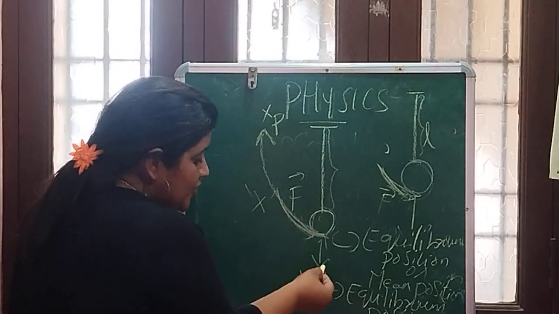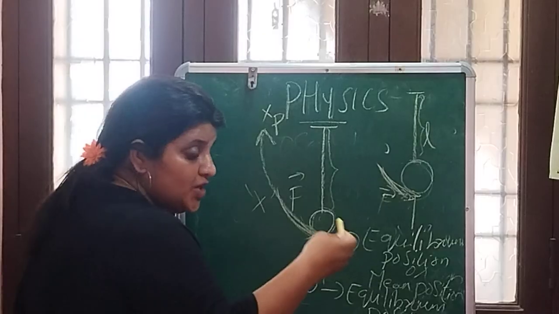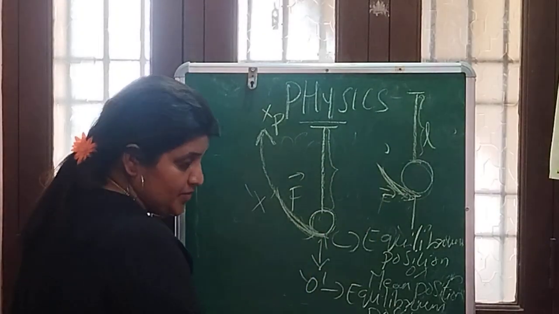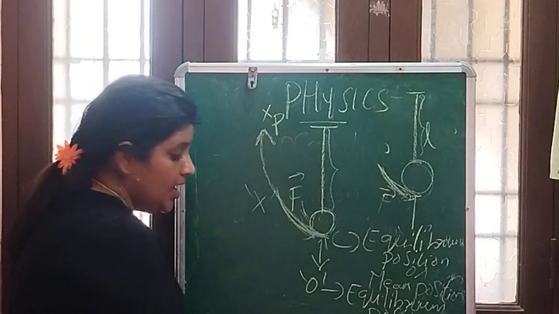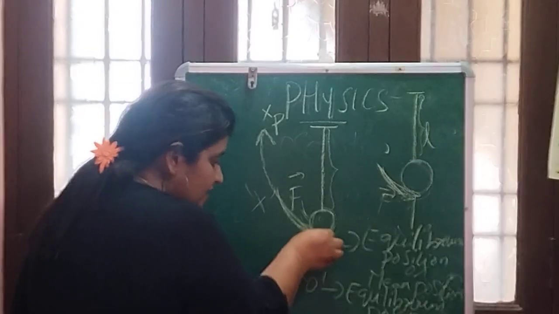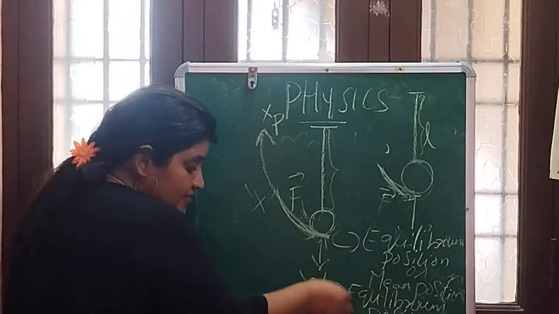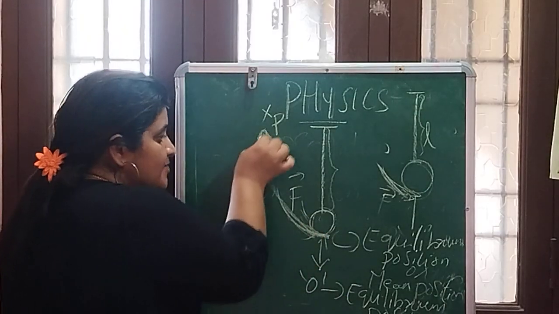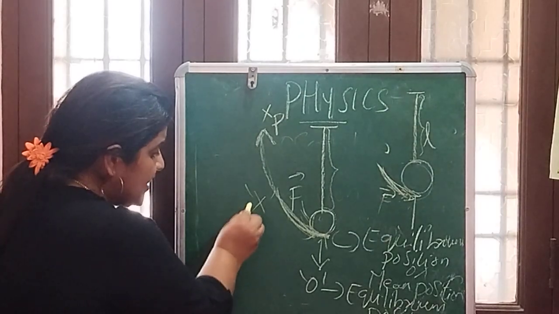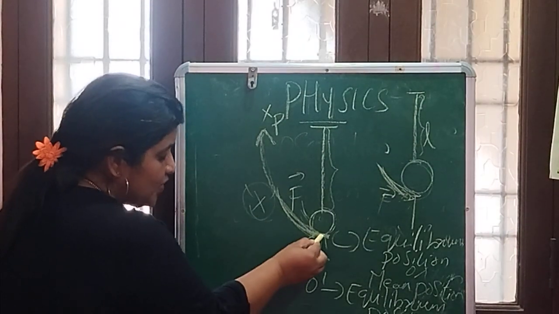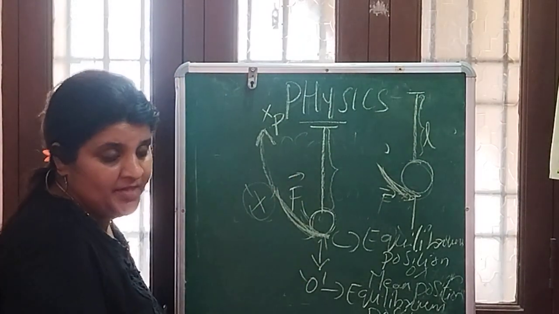So here x is the displacement from the equilibrium position to the extreme position.